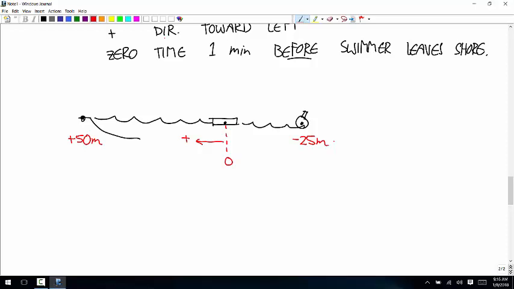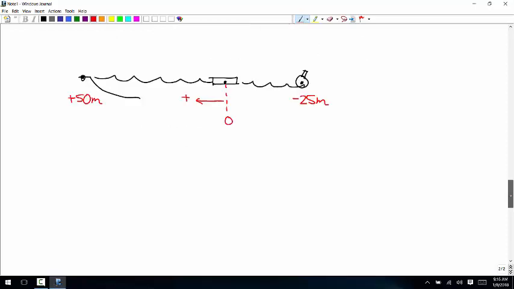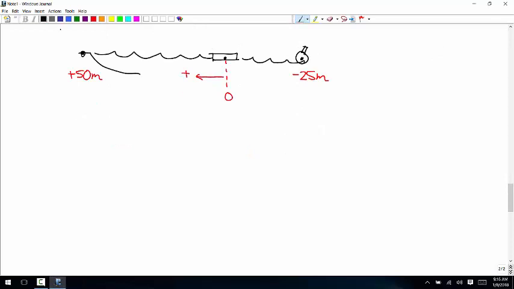Any questions about that? Okay, so the position versus time graph is going to have the relevant positions 0, positive 50, and negative 25.